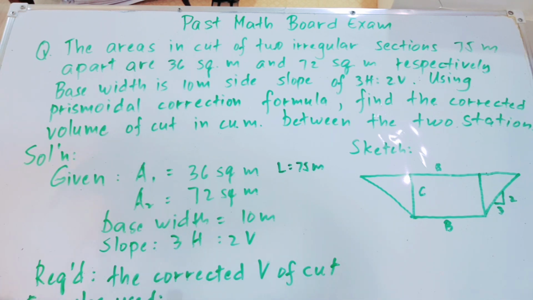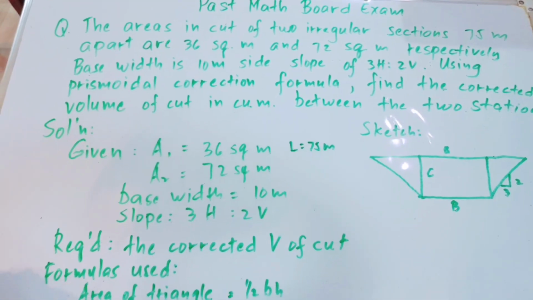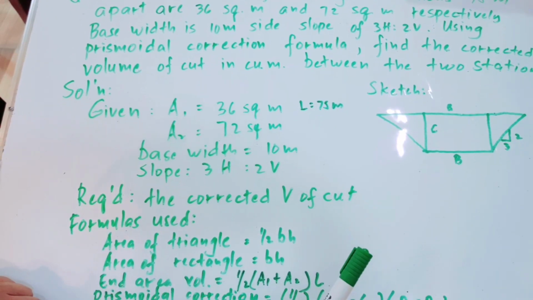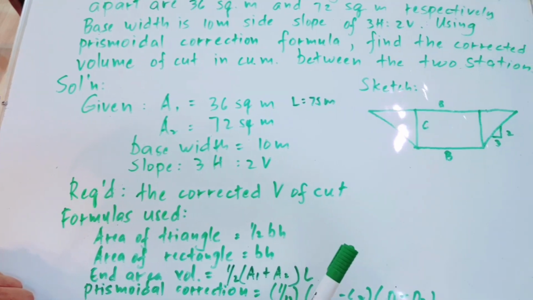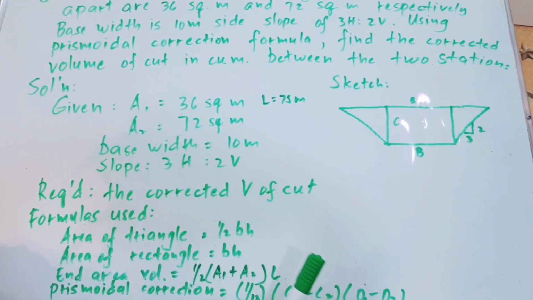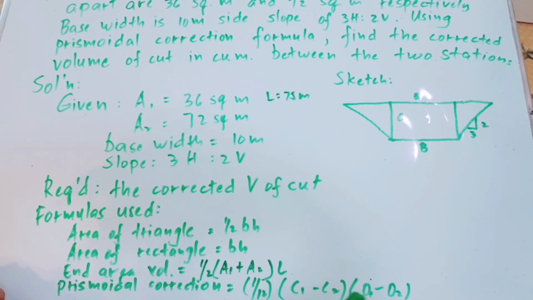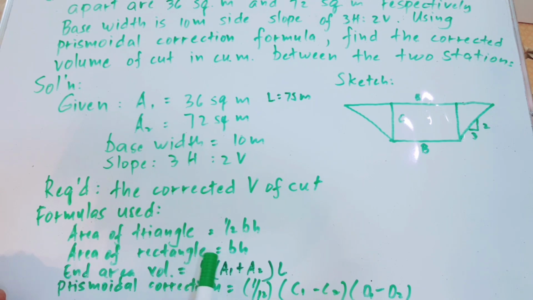The formulas we're using here are the area of a triangle and the area of a rectangle, which is the base times the height.